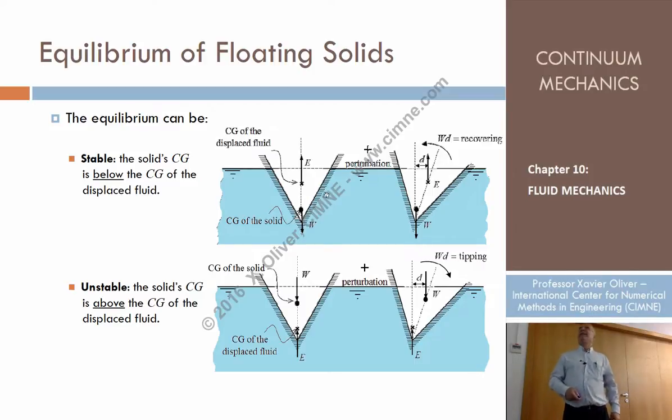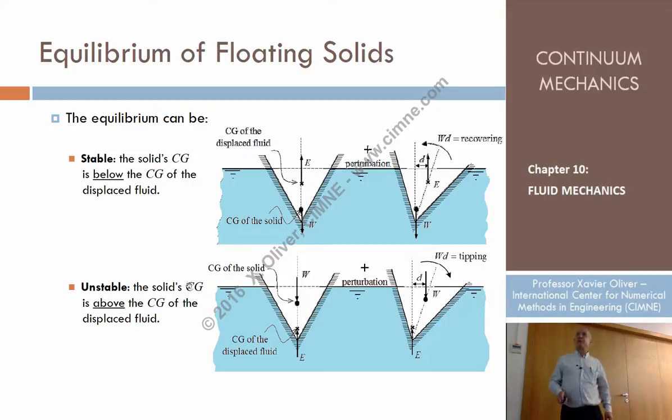Okay, that is a situation in which the center of gravity of the solid is below the buoyancy center. So that moment is a recovering moment, right? It's a moment that tends to recover the original position before the perturbation.